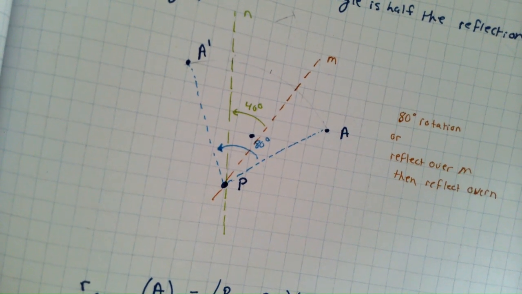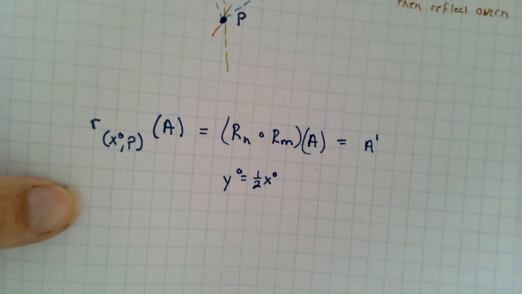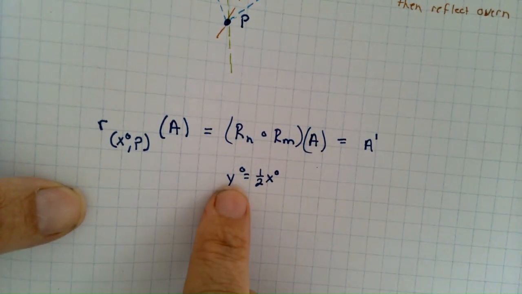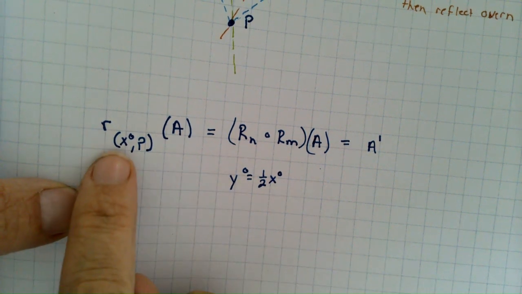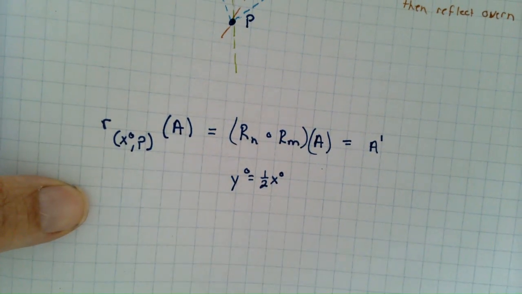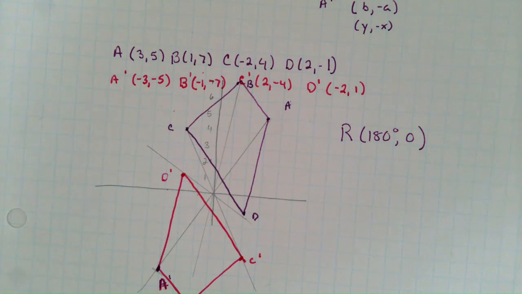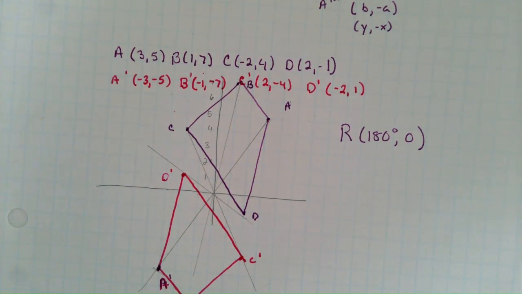Okay? So the quick reflection and reflection, as long as your angle is half of that angle. So that's just a fun relationship that rotations are also reflections.